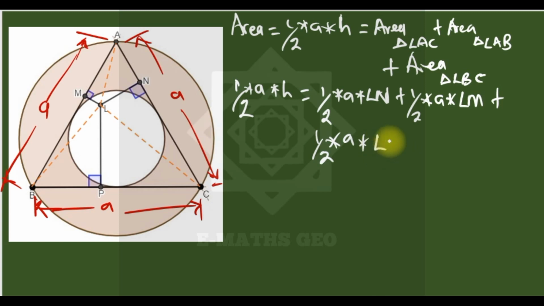So have you seen it now? What is common? We have half A on both sides, so half A, half A, half A. So we are left with H is equal to LN plus LM plus LP. So that's the height of this triangle.